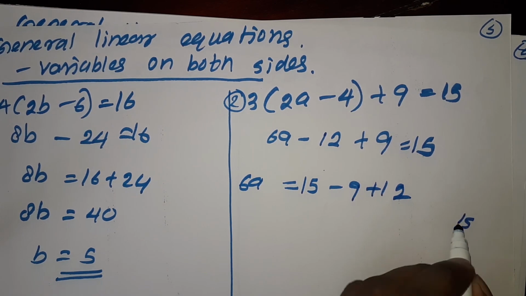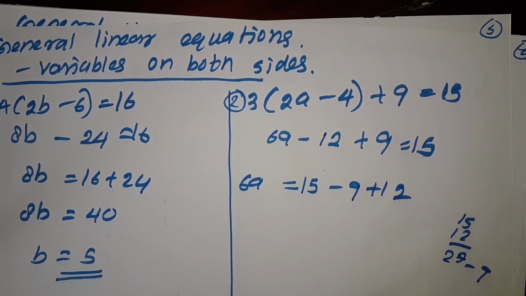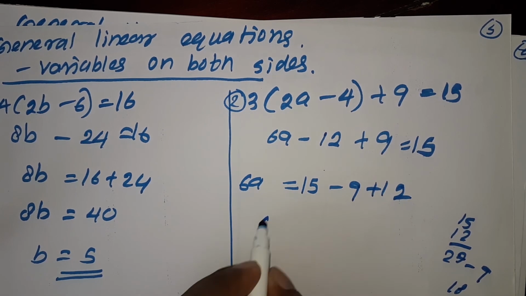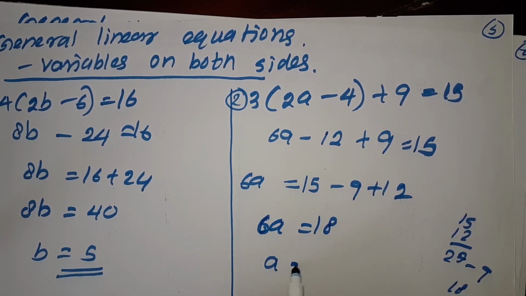So 15 plus 12 is 27, minus 9 is 18. So 6a equals 18, and a is 3 by dividing both sides by 6.